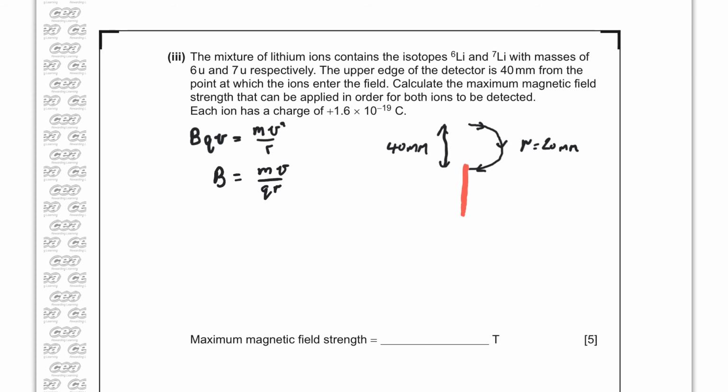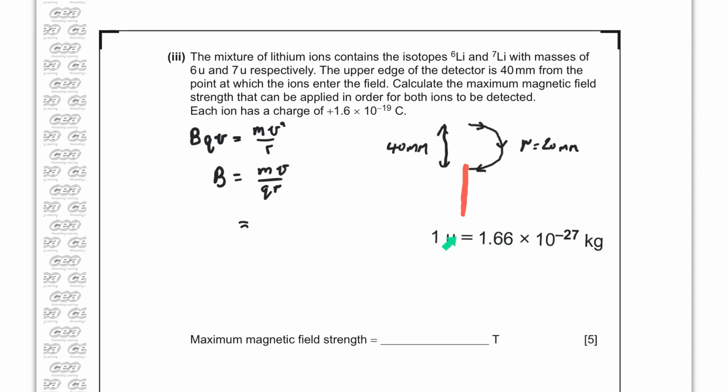So we need the mass of the lightest particle, and the radius that it will produce will be 20 millimeters. So we're subbing in all the properties that we can gather from our formula sheet. The mass belonging to 6 u's, the velocity from the previous problem, the charge of 1.6 times 10 to the minus 19, and the radius of 20 millimeters.